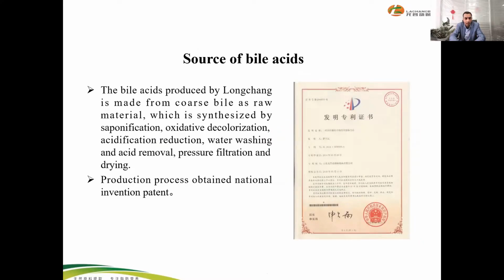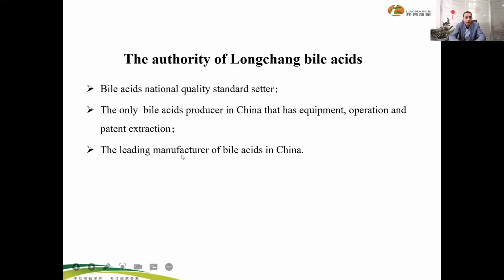Here we can show the manufacturing process of runin for use as a final animal nutrition product. There are many steps, starting from saponification and oxidation until the last ones, filtration and drying, and then packaging, storing and sending to the customer.